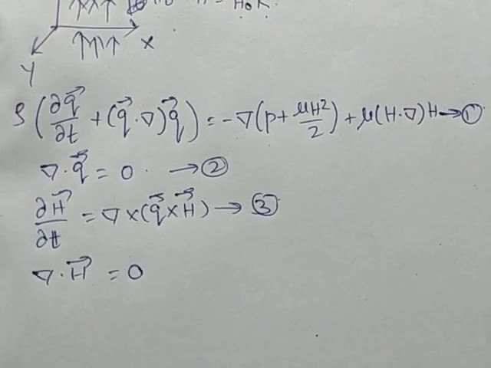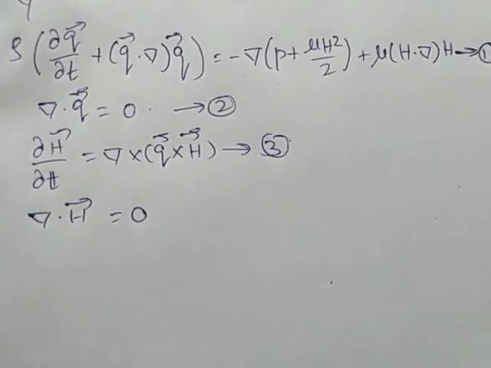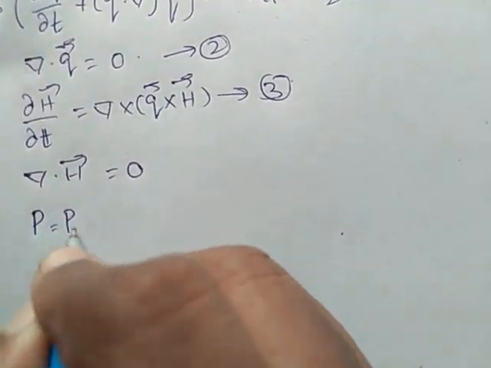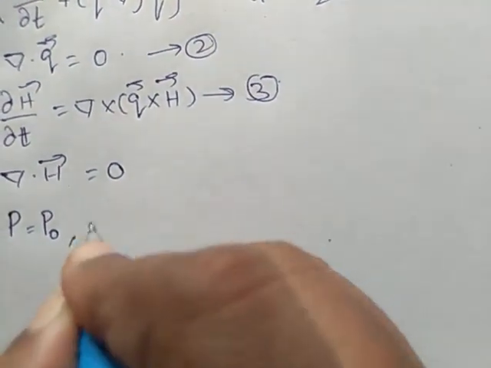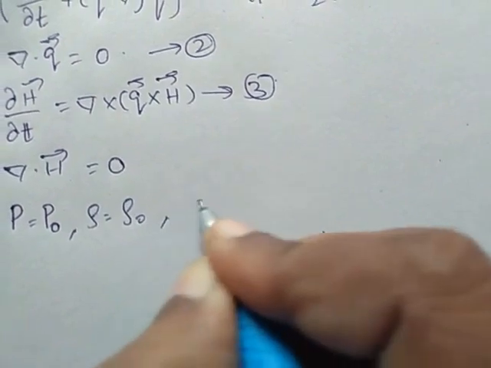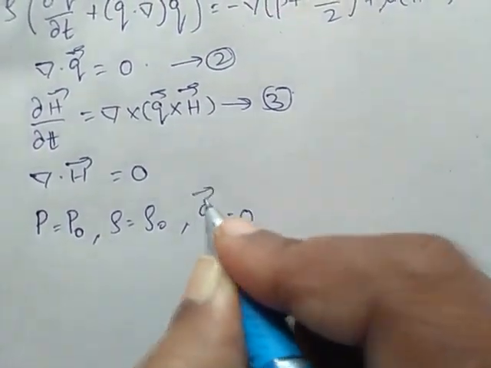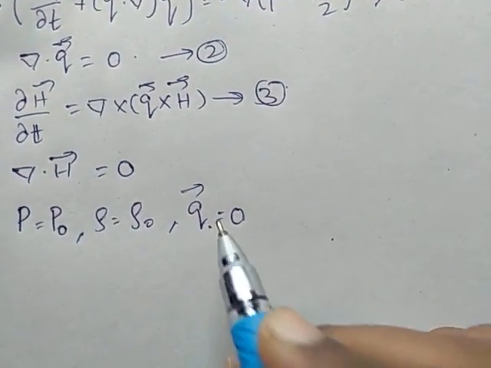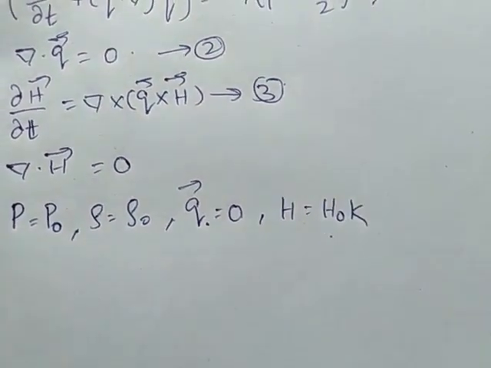Now in the basic state, we have pressure as P naught, density as rho naught, and Q is 0 when the fluid is at rest. When the fluid is at rest there is no motion, therefore velocity is 0, and H is H naught k.